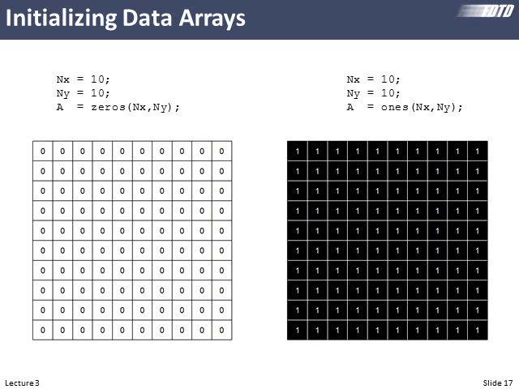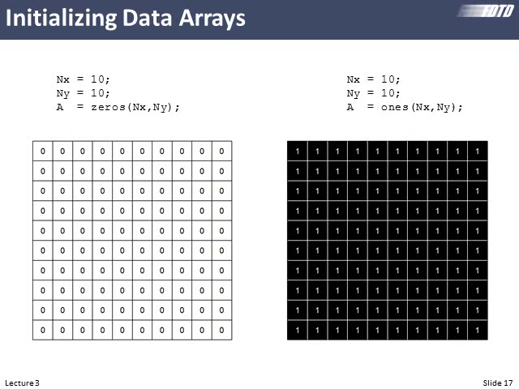First thing we'd always want to do is initialize arrays. We already talked a little bit about this last time, but let's say we want an array that's 10 by 10. If we want to initialize it all to zeros, we would just use the command zeros, and then we tell it the size of our grid, nx by ny, or 10 by 10 in this case. Maybe we want to initialize it all to ones, and we just use the command ones.